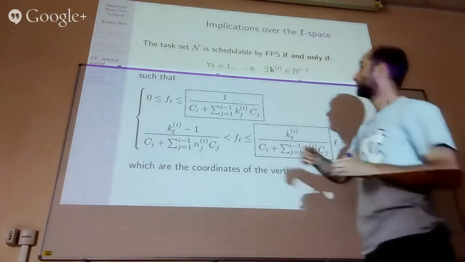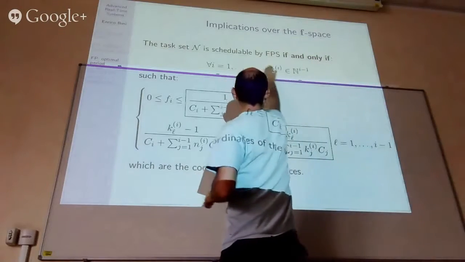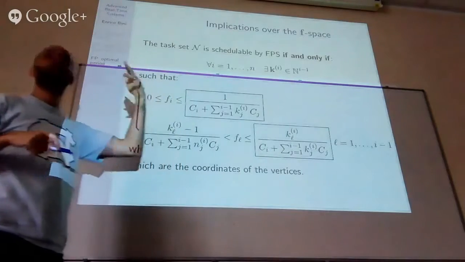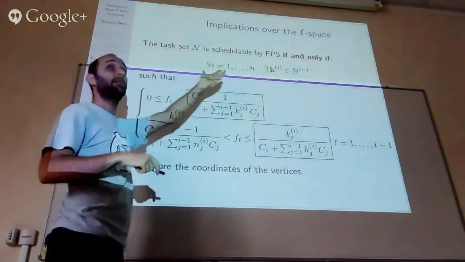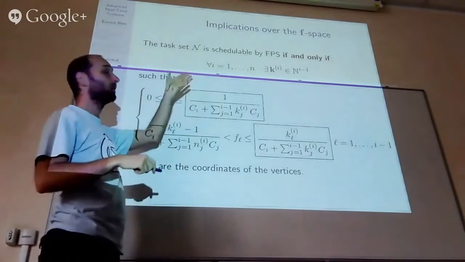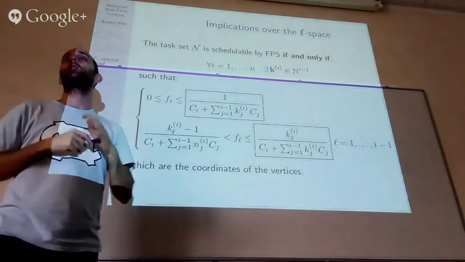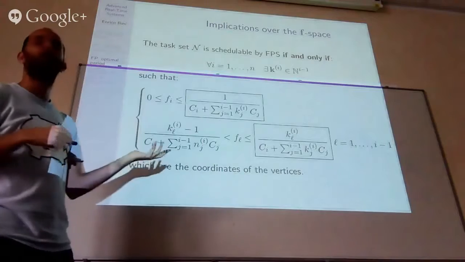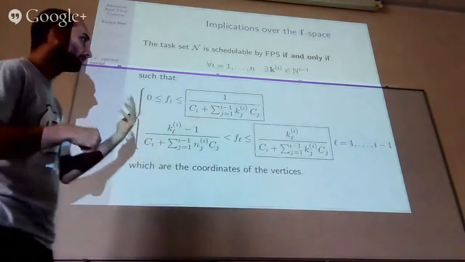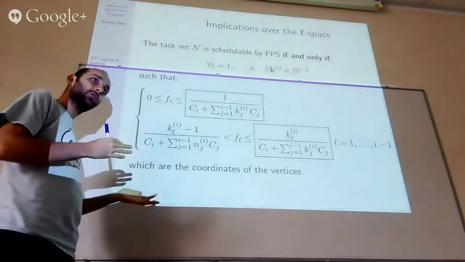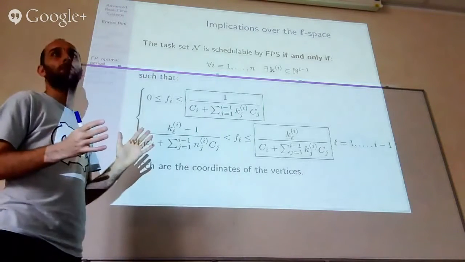Since we have to do for all i there exists k, as we did in the computation time case, the exists is a sort of union, and the for all is intersection. So the shape of the fixed priority schedulable region in frequencies, or periods, is going to be the intersection of unions of boxes.